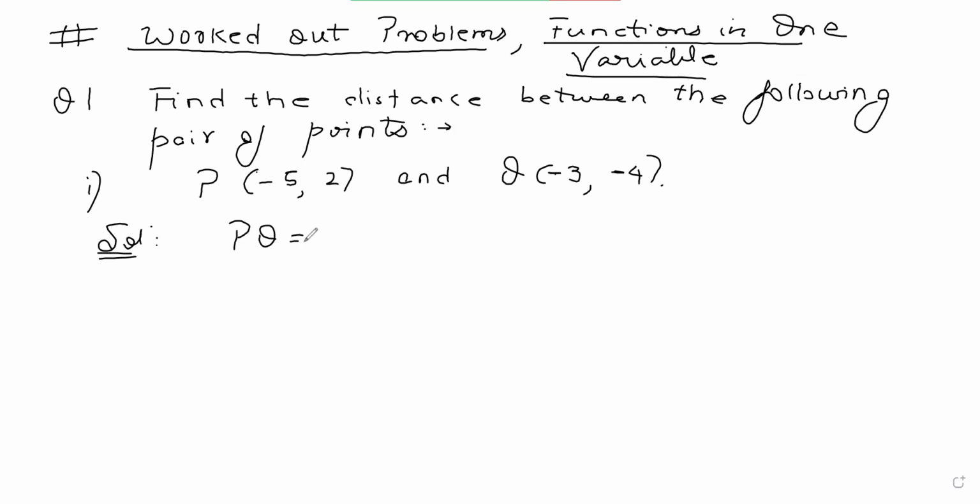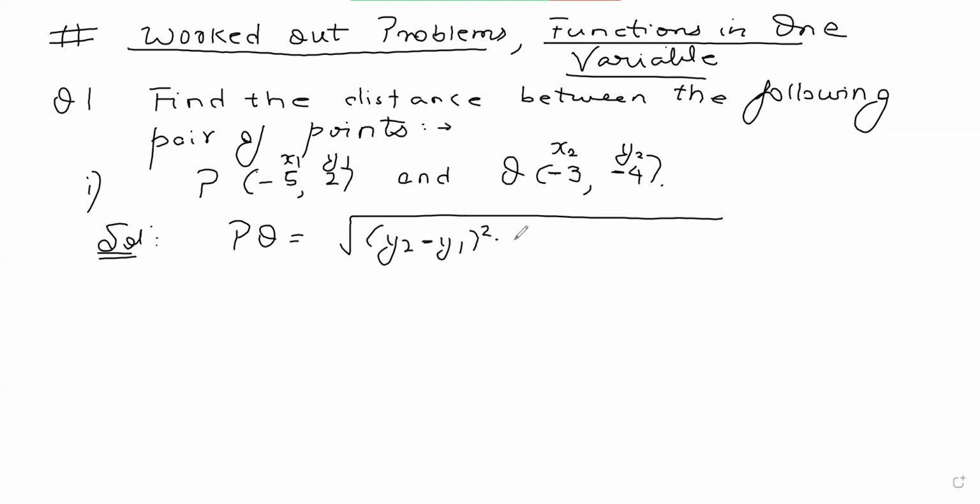Okay, recall from my modules on coordinate geometry, how do I find the distance between the two pair of points? Suppose this is x1, y1 and call this as x2, y2. PQ is nothing but the square root of y2 minus y1 square plus x2 minus x1 square. Or you could have also taken x2 minus x1 square plus y2 minus y1 square. The order doesn't matter in that case.